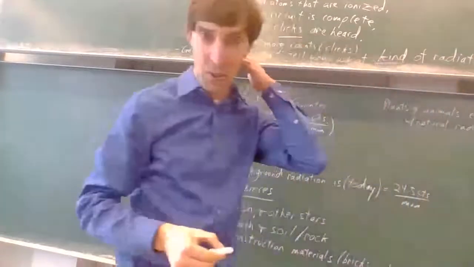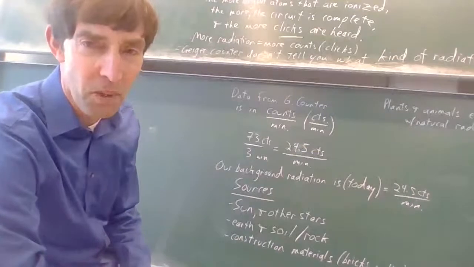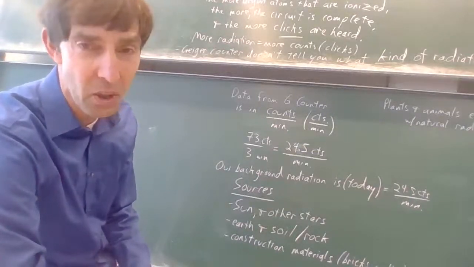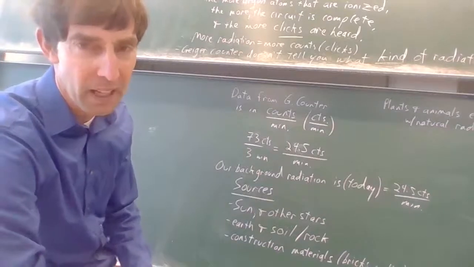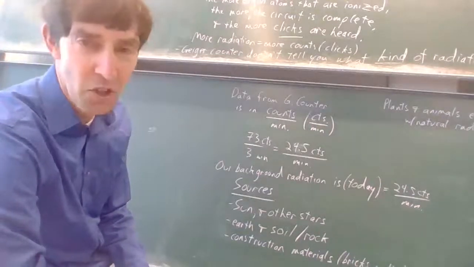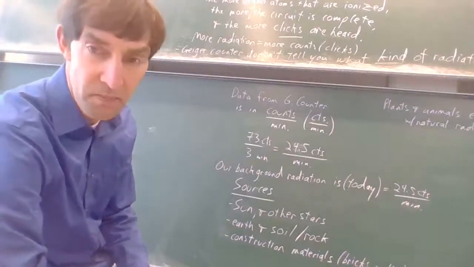Now, that doesn't mean we can take any radiation. If I'm at a nuclear power plant that has an accident, I'm going to get an unhealthy dose of radiation. My body can't take that, okay? But natural radiation occurs all the time, okay? All right.